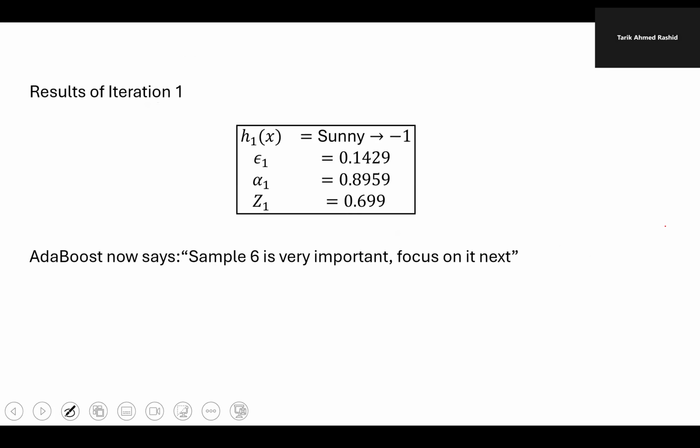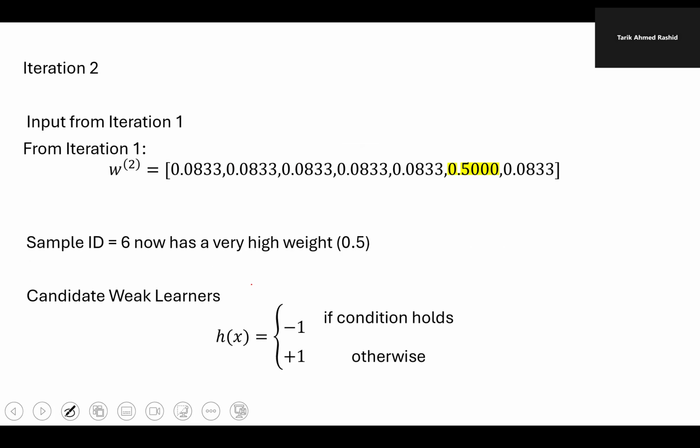Now, at the end of iteration one, hx was sunny, -1. We found eta, alpha, and z, and we understand that sample 6 is very important for the next iteration. Now, in iteration 2, this is our weight matrix.